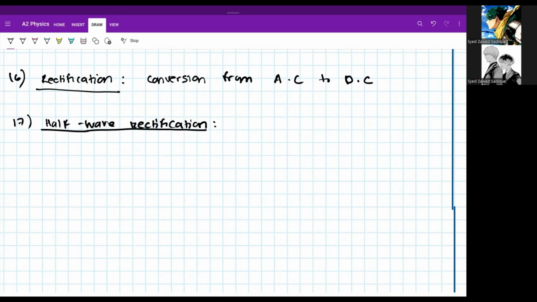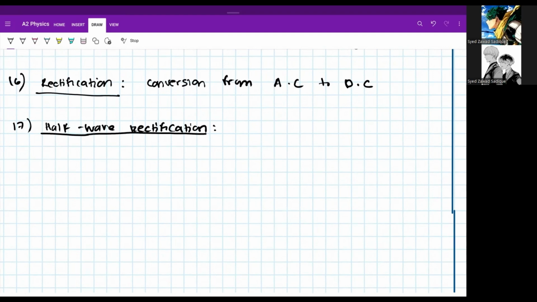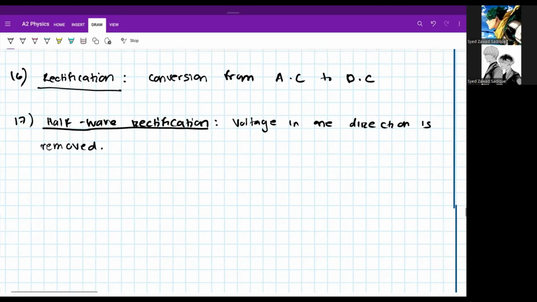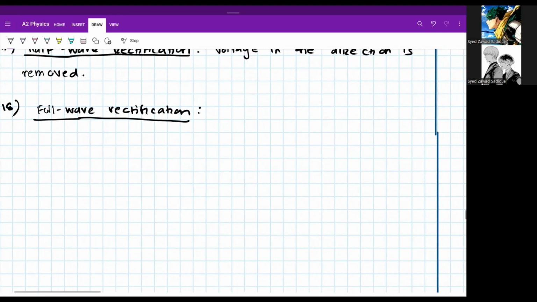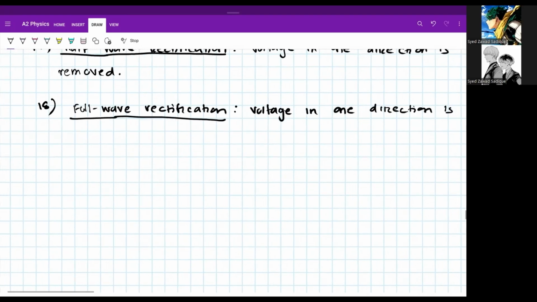So half wave rectification is voltage in one direction is removed. 18. Full wave rectification is voltage in one direction is reversed.